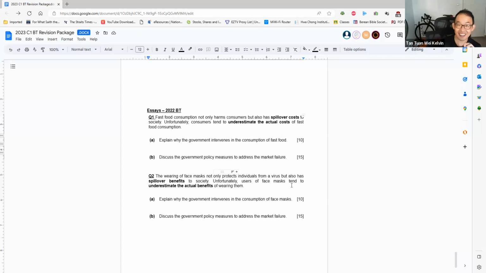On the other hand, in the main part of your pink book, we talk about underestimate the actual benefit. So I suspect many students will be more familiar with that graph where your MPB perceived is different from MPB actual. And because many students typically don't like to read the appendix, you are not aware that there's an alternative graph in the last page of your pink book, which shows you how to draw the graph where the consumers underestimate or overestimate the actual cost.